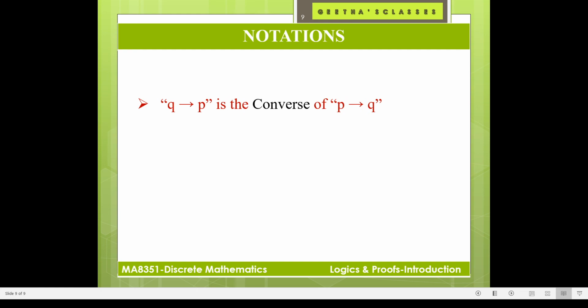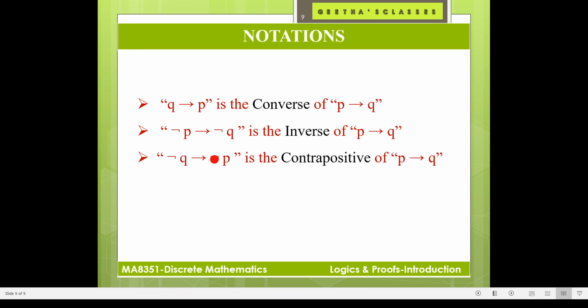The first one is Q implies P, the converse of P implies Q. Okay, converse is denoted by Q implies P. Not P implies not Q is the inverse of P implies Q. If you take the inverse of P implies Q, you are writing not P implies not Q. Last one, not Q implies not P is the contrapositive of P implies Q. So you have to remember these three notations: converse, inverse, contrapositive.